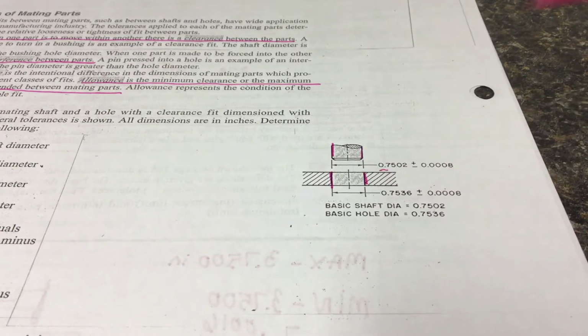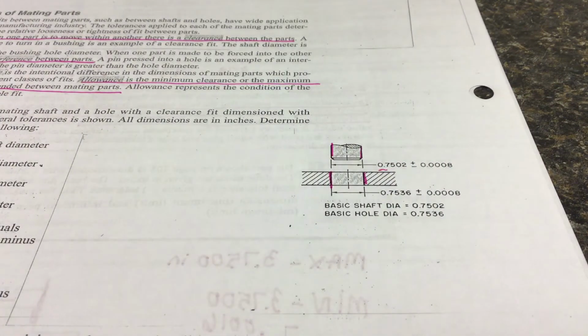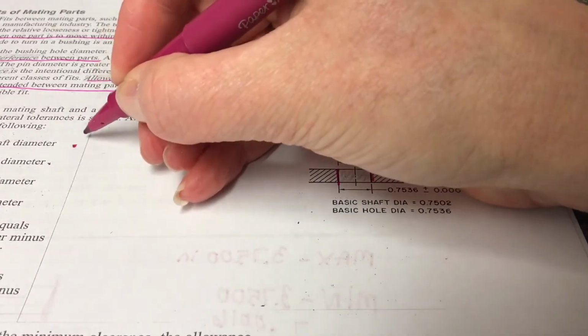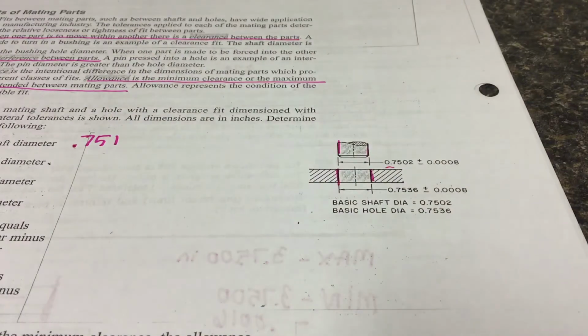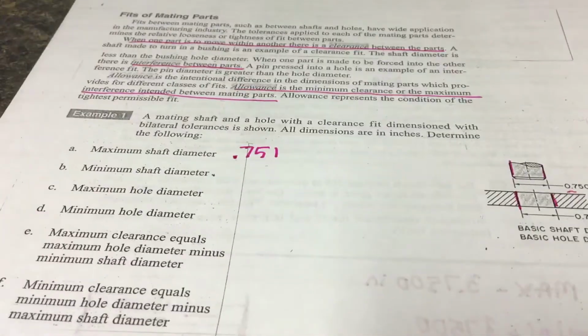So the maximum means that we're going to take 0.7502, and we're going to add the 0.008 tolerance to it. So that's the maximum it would be allowed to be. That's the maximum shaft diameter.